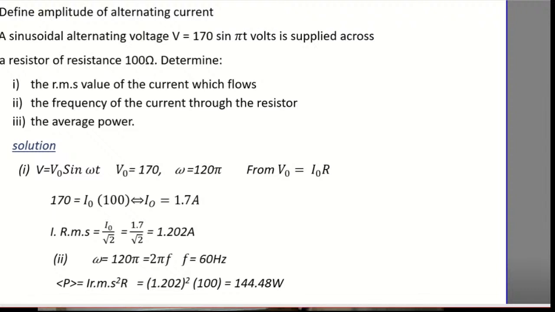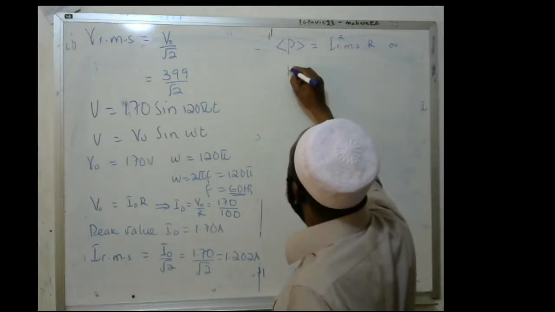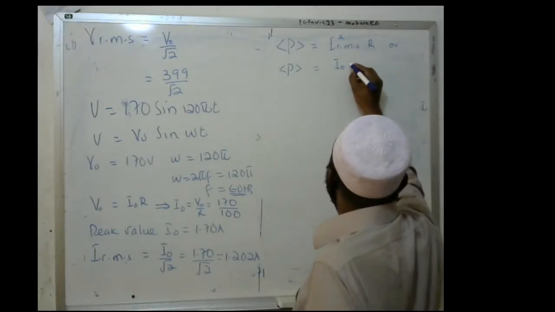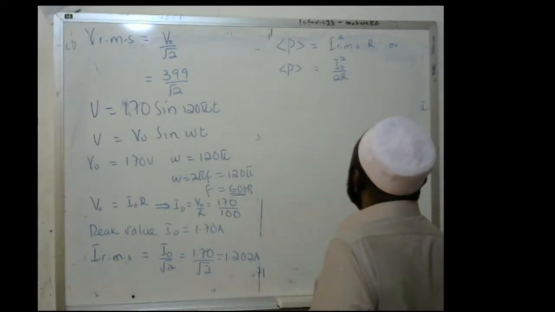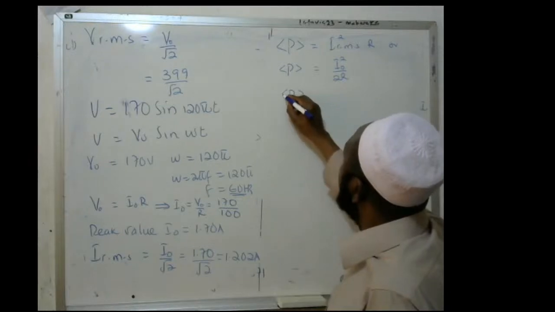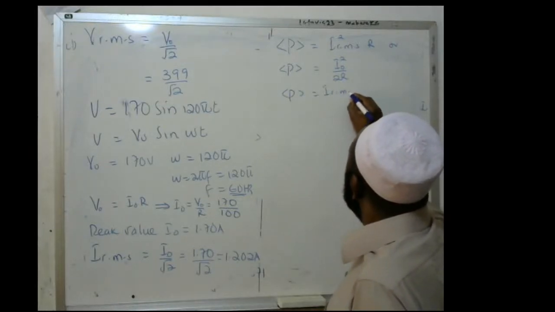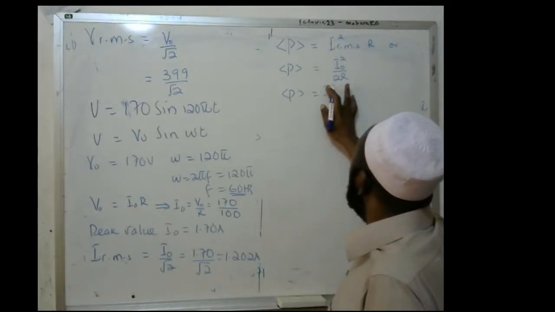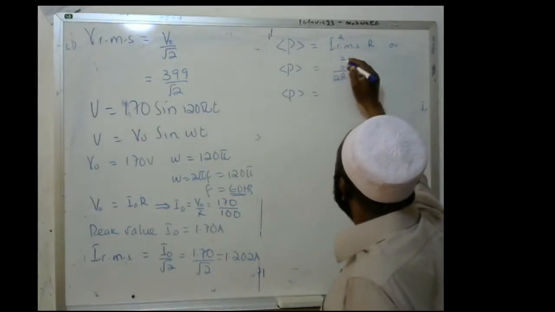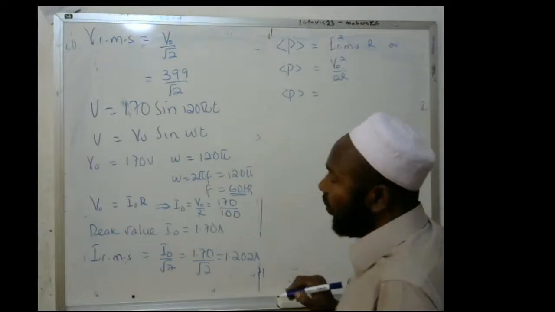We can either use average power as equal to I RMS squared R, or we can also say average power as I naught squared R over 2, or we can use average power as V RMS squared over R, or V naught squared over 2R.